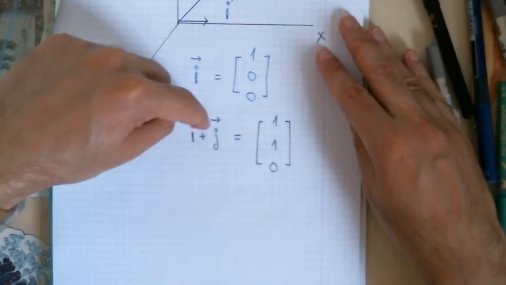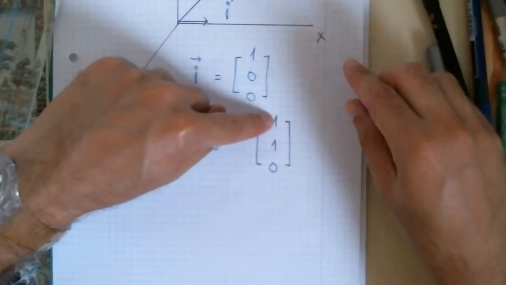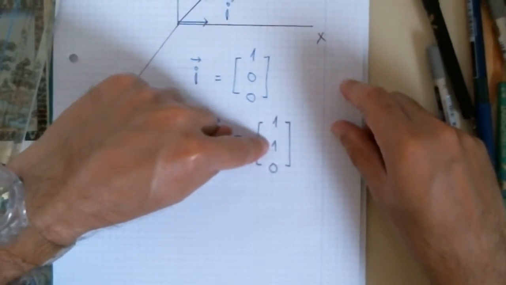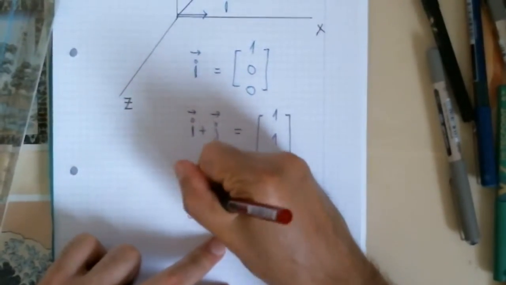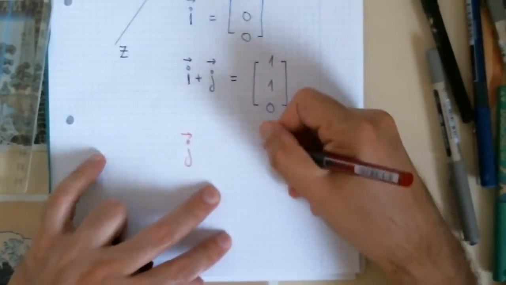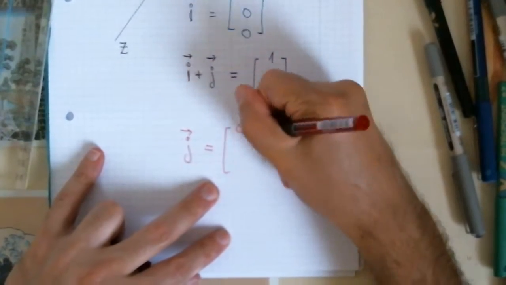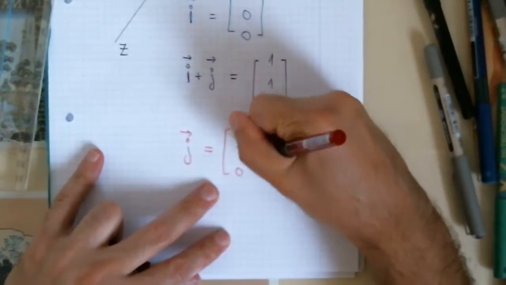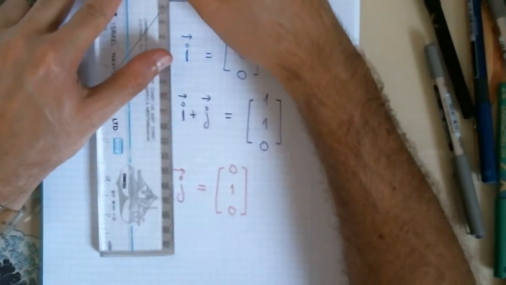inside it we have I, okay, and some component here and some component there. We can isolate from it the j vector, which was 0 1 0, which would be even more obvious.